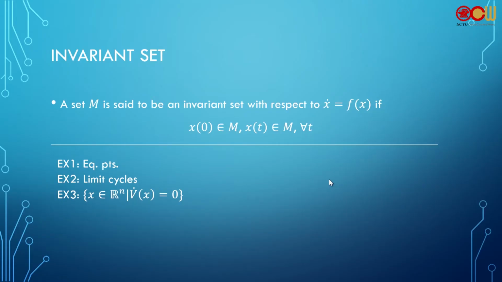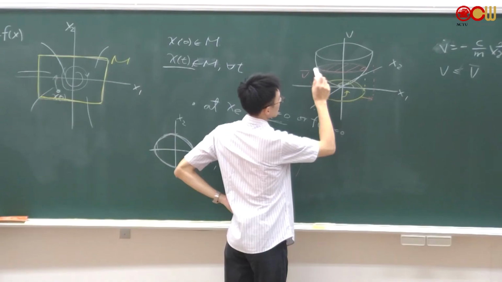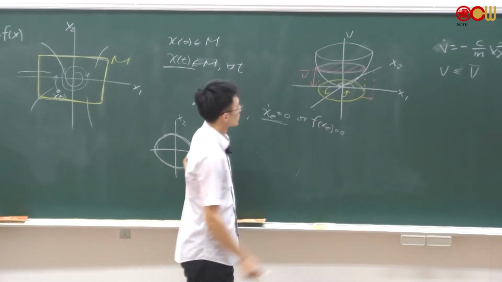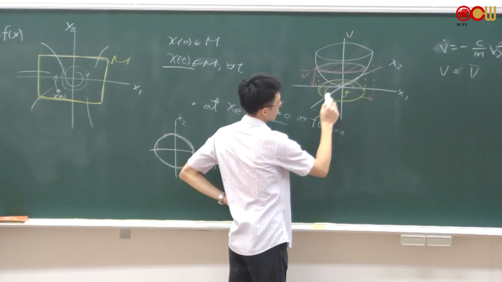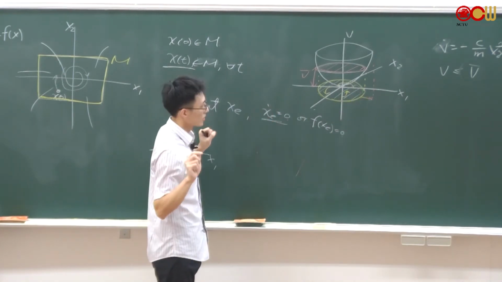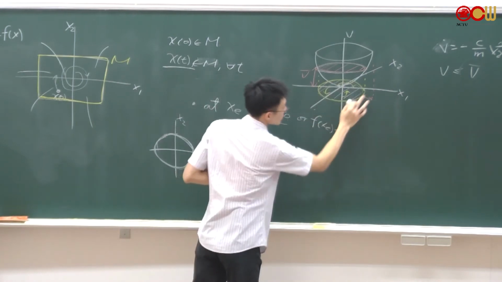And the third one is this example. V dot is equal to 0. When v dot equals 0, it means v is a constant. V is a constant means it's this, okay. So this area will be the invariant set. But we don't know where the x is. We only know it's in this set.